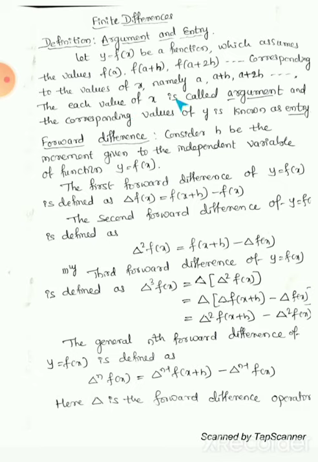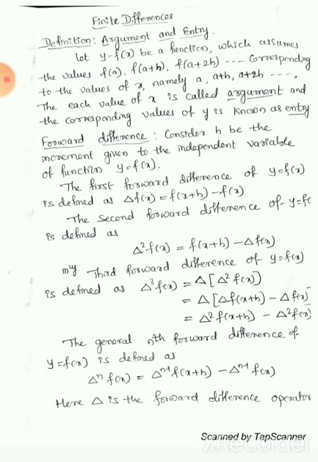Here a is the first value of the interval. You add some general unit, an increment, to the first value, that is a plus h, again a plus 2h. For example, a is for 1, a plus h is for 2, a plus 2h is for 3. For these values of x, you will get the y values, that is f of a plus h, f of a plus 2h.